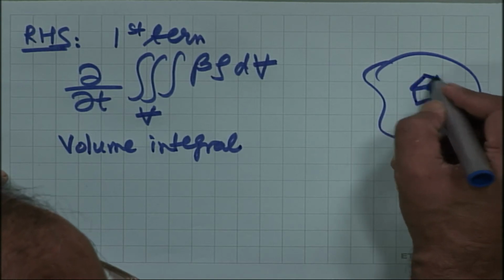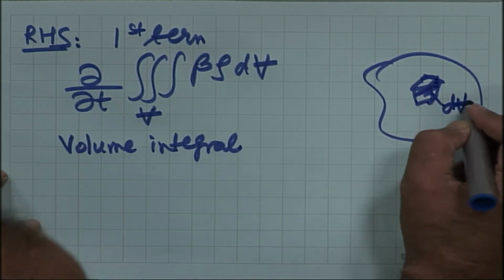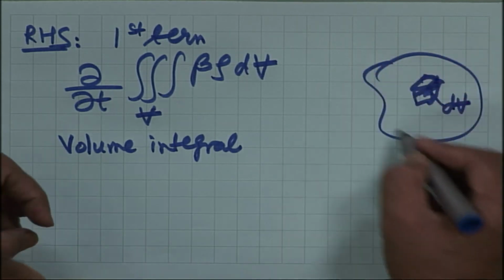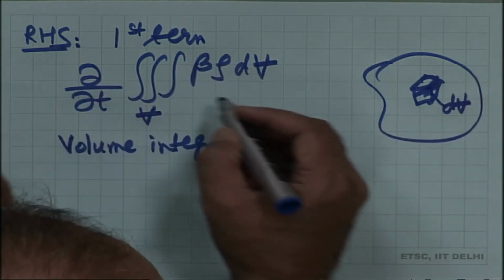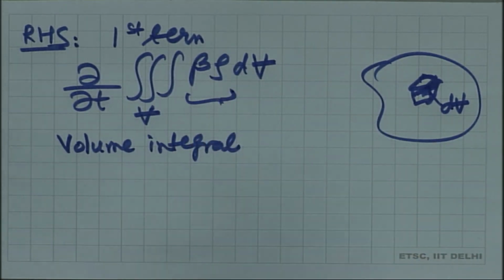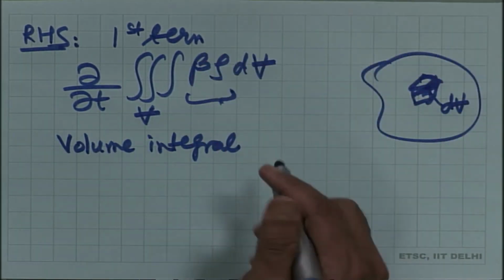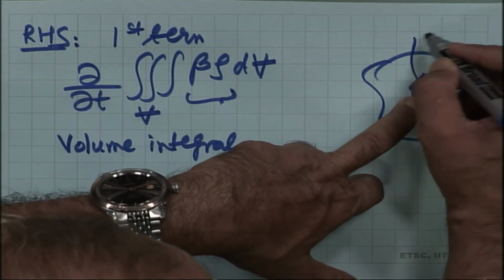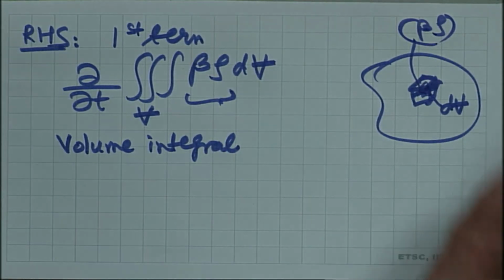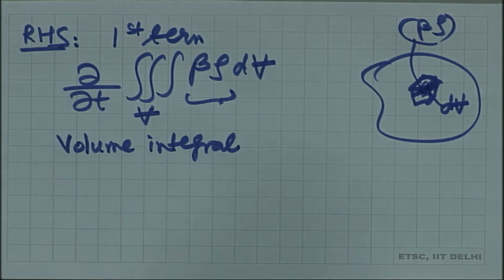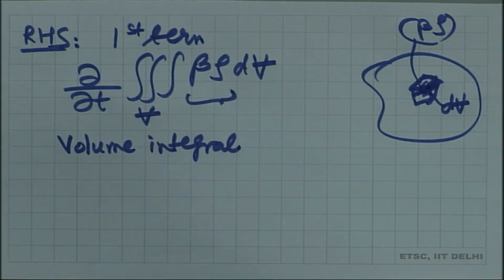So, you choose a small volume dV, you integrate it over this entire volume, and assuming this volume is fixed, you take the time derivative of this total quantity beta rho dV. You first take this volume dV, there is this property beta and density here, multiply all these three, then add it up over all points in the volume, that will give you the integral, and then you take the time derivative. Now, let us see how this term can be simplified for simple cases.